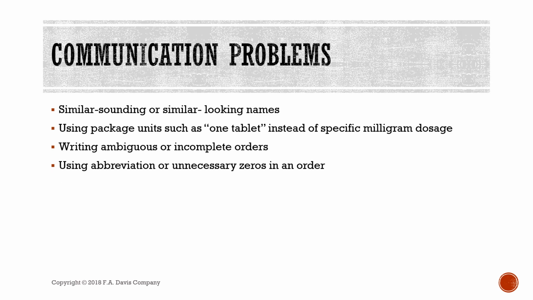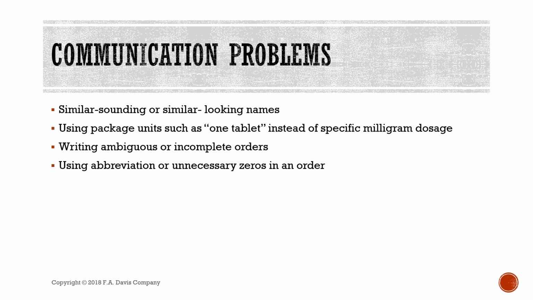First element was communication. So keep in mind, anytime you have communication problems, something can go wrong, and it's the same with medications. Communication problems include things such as similar sounding or similar looking names. You will have medications that look like the same name, but there may just be a slight difference. You have to pay attention to these types of meds.